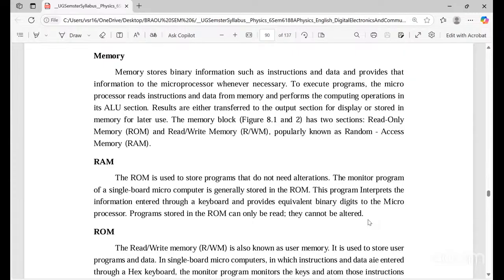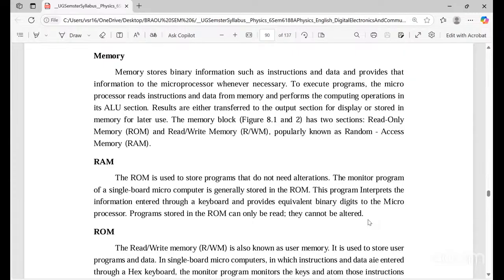Okay. So memory provides the information to the microprocessor, whatever is necessary. Whenever you execute programs, the microprocessor reads the instructions and data from memory and performs the computing operations in the ALU section.